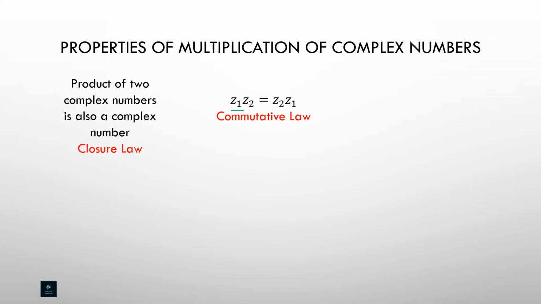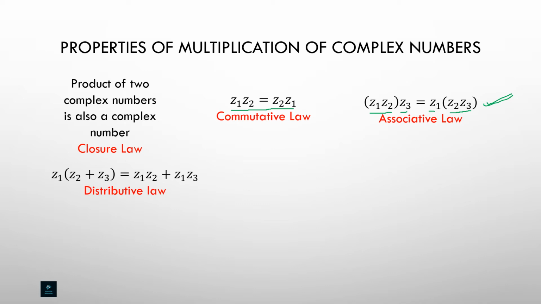That means z1 times z2 is equal to z2 times z1. The next one is the associative law, which says that if we multiply z1 and z2 and multiply the result by z3, this will be equal to multiplying z1 by the product of z2 and z3. This is called the associative law.